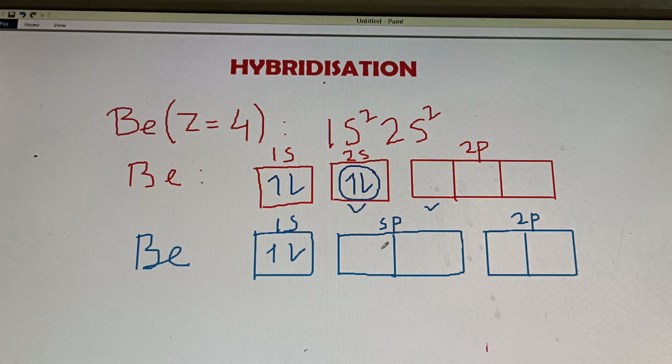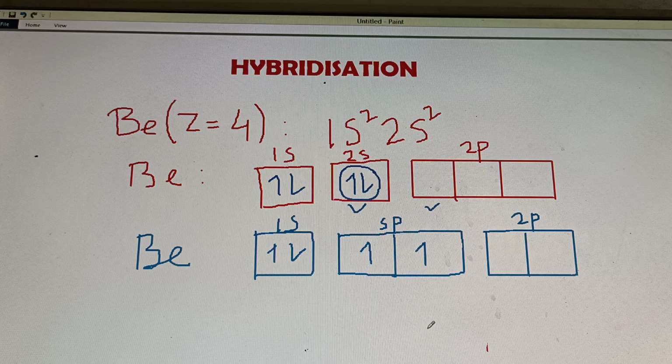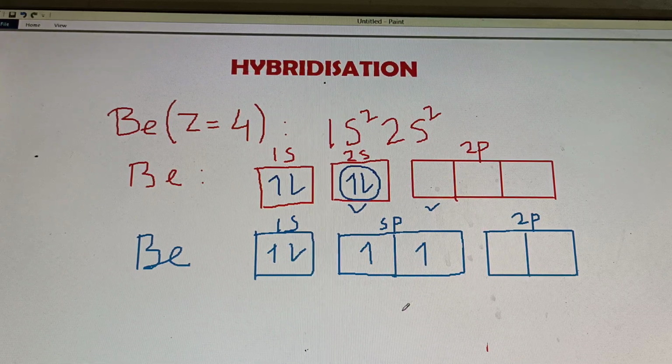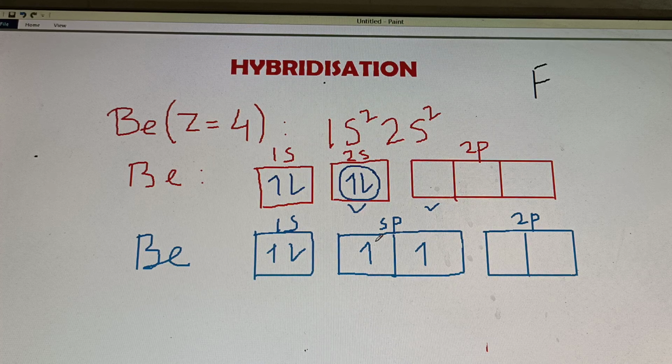According to Hund's rule, we fill it this way. Clear? Each sp orbital contains one electron. This electron will form a covalent bond with fluorine. So 2 fluorines each give 1 electron to form 2 covalent bonds.